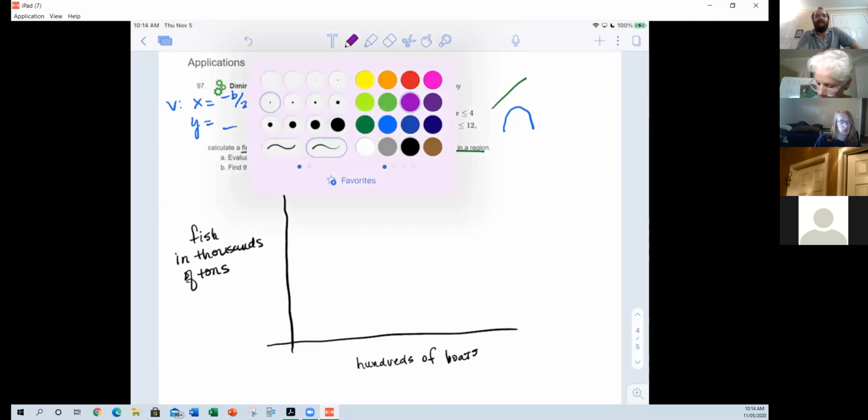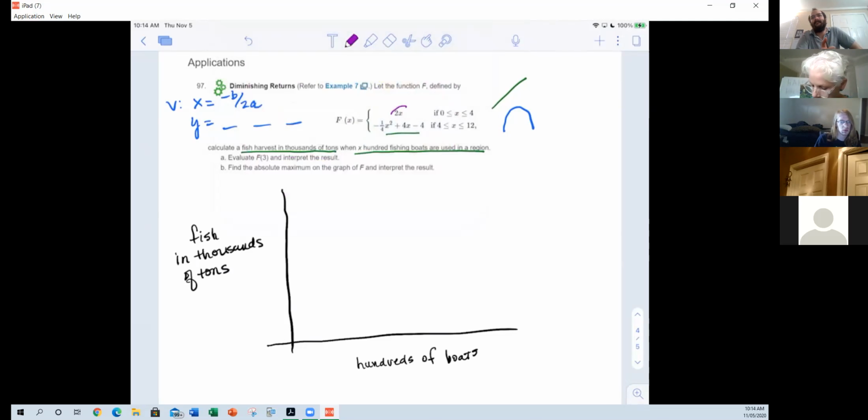Okay, so I'm going to do this first. First, I'm going to do the 2x when x is between 0 and 4. I think this is a typo. See how they have the equal sign in both places?